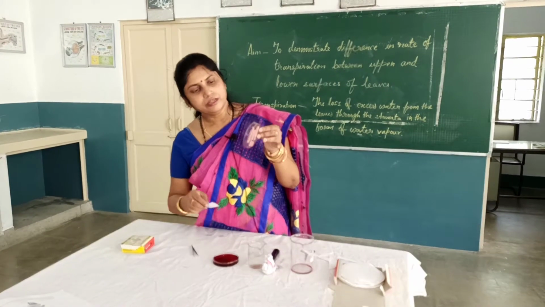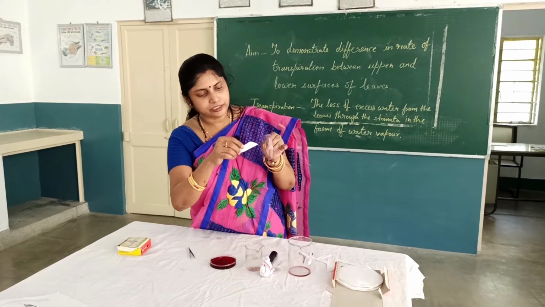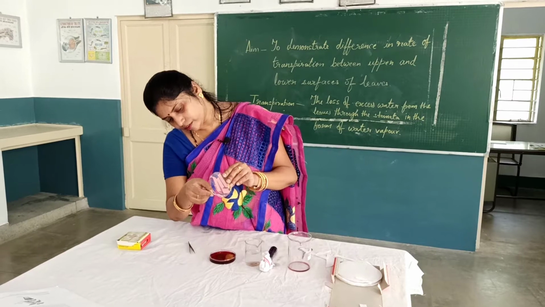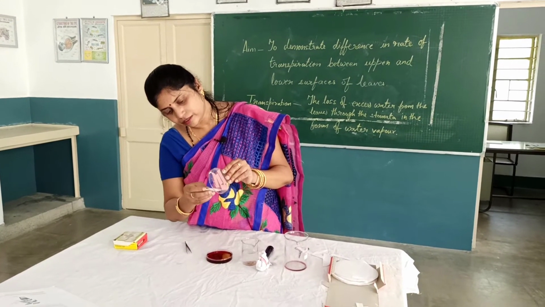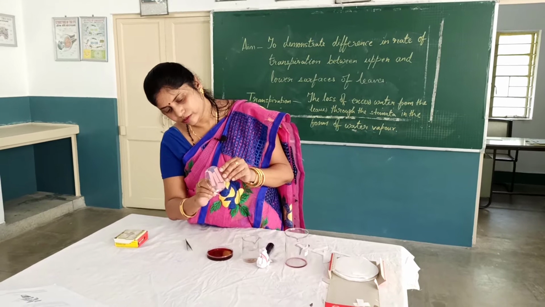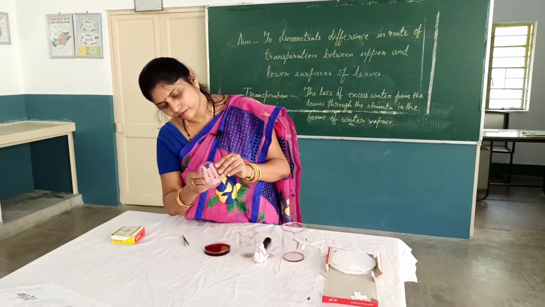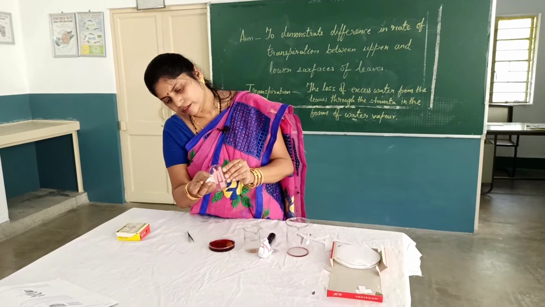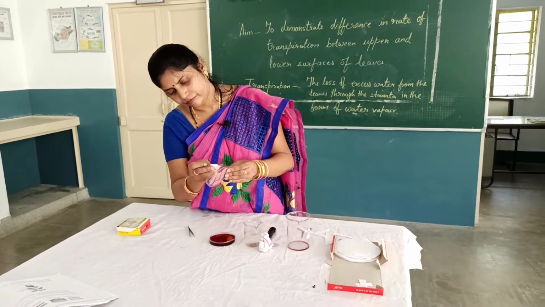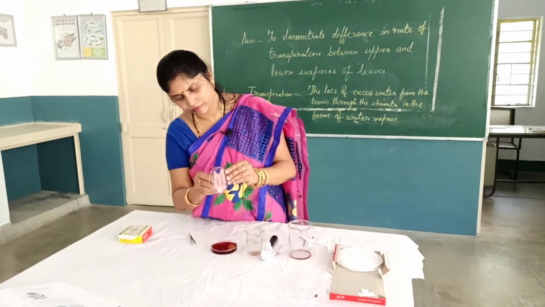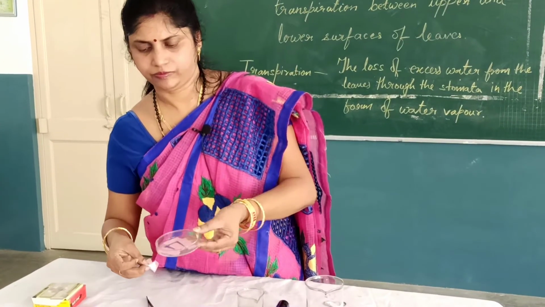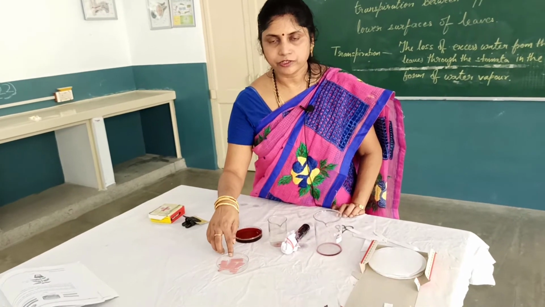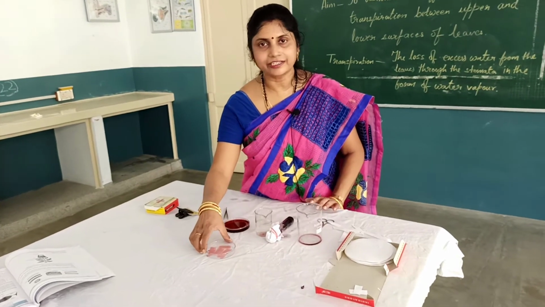Always remember, whatever excess solution is there should be drained out, or you have to remove it with the help of this filter paper like this. And then allow it to dry. It is better, if possible, to keep it towards the sunlight so that it can dry faster.